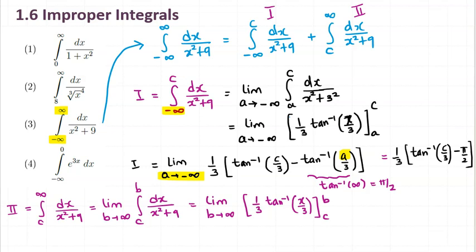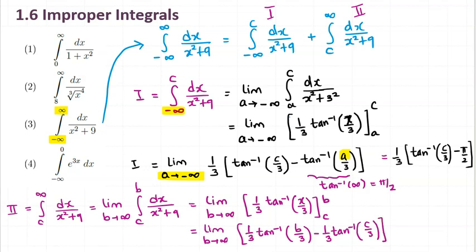When we substitute the limits, we get limit b goes to infinity 1 over 3 tan inverse of b over 3 minus 1 over 3 tan inverse of c over 3.